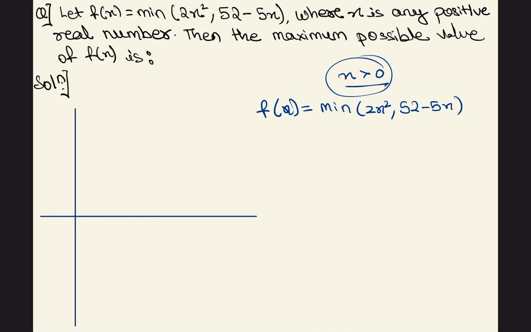If you know how to draw the graph of y equal to x square, y equal to 2x square will be somewhat close in the width of that parabola, because y will increase more when it is 2 times x square. So y will increase more when x is less. That's why it will just contract a little bit.